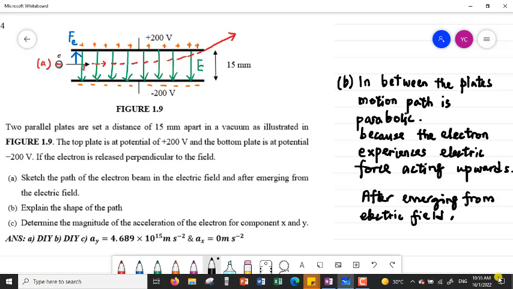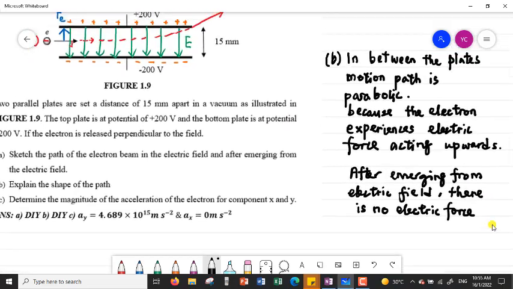Okay, bila dia keluar daripada electric field, there will be no more electric force acting. Tidak ada lagi electric force yang akan bertindak ke atas charge tu, sebab dia dah keluar daripada parallel plate, kawasan elektrik tersebut.